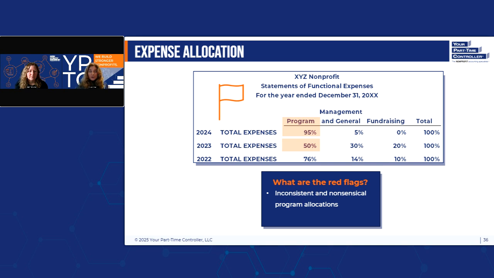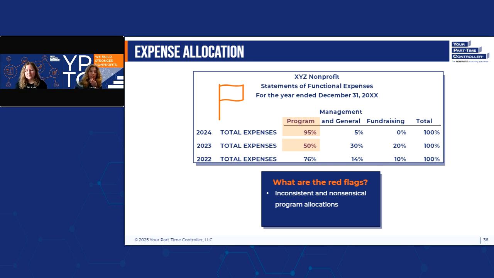Fiscal 22 reflects the most realistic ratios and meets the best practices for the benchmarks. In 23 and 24, it seems unrealistic and frankly wrong. Program expenses have a 95% ratio in fiscal 24, and that just seems unrealistic. It's also unreasonable to assume that management and general overhead is only 5%.